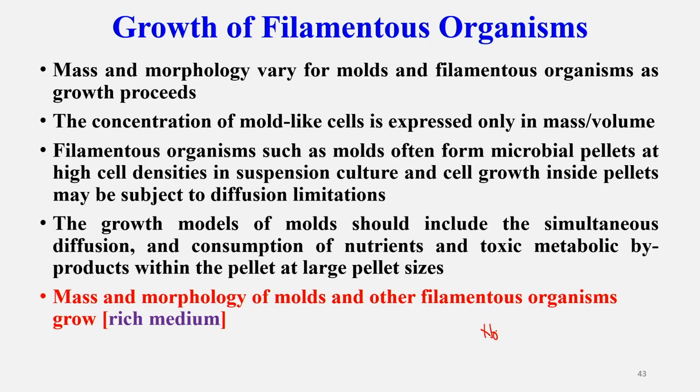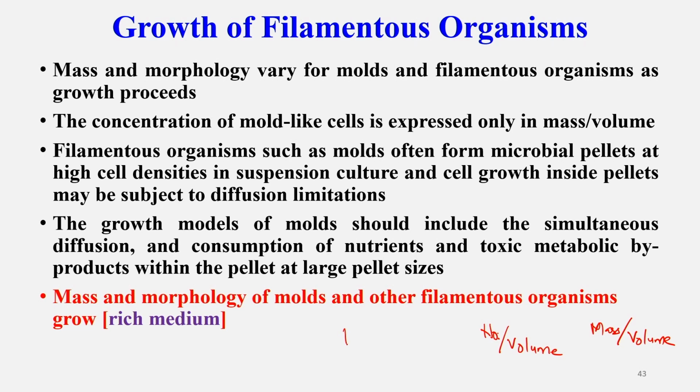Now, we will be quickly discussing the growth of filamentous organisms. As we have discussed initially, the growth of microbes can be considered in terms of number per unit volume or mass per unit volume.